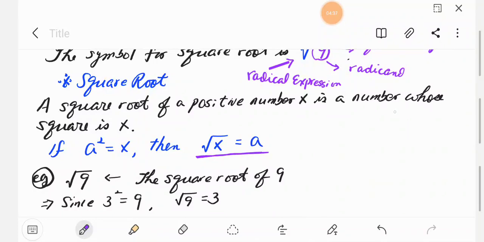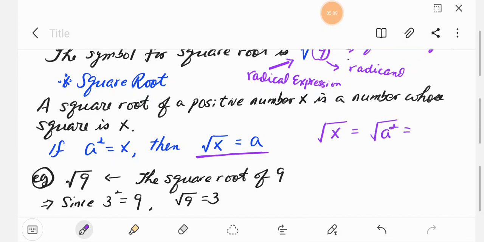Let's say the result is a number a. Then a squared is x. So if a squared is x, then the square root of x is a. Can you see it? a squared is x, so the square root of x is equal to the square root of a squared.